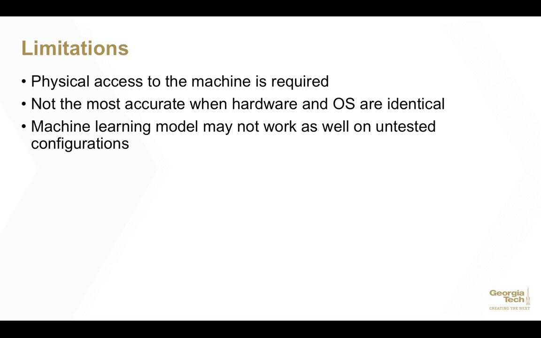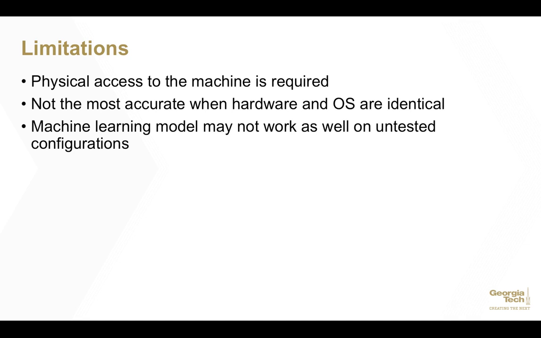The limitations of this solution are as follows. Physical access to the machine is required. Because this is a connection through USB, there isn't any way to do this classification remotely. You need to physically access the USB port of a device.